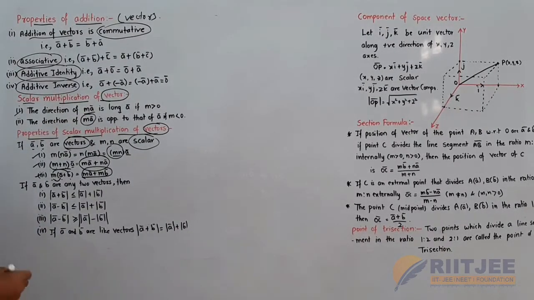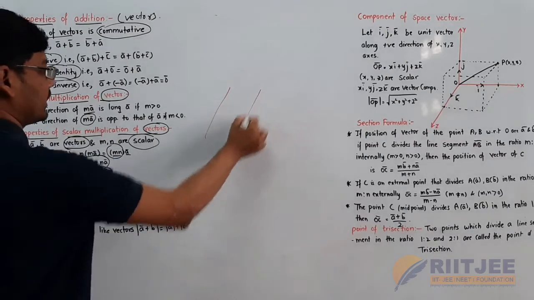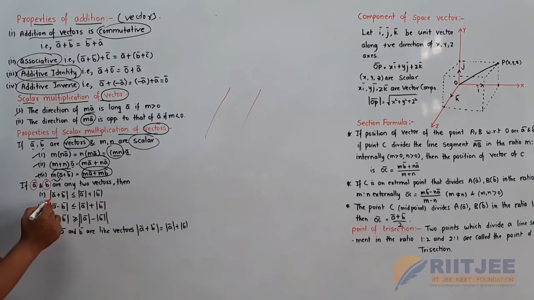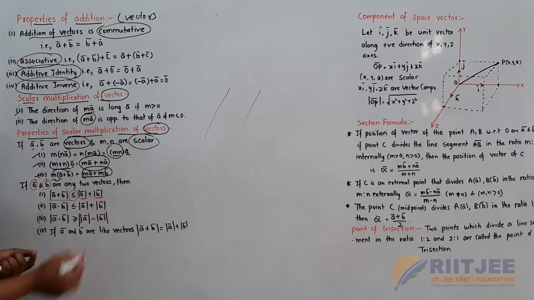Next, if a bar and b bar are any two vectors, then the properties are like this. First property, modulus of a bar plus b bar is less than or equal to modulus of a bar plus modulus of b bar individually.